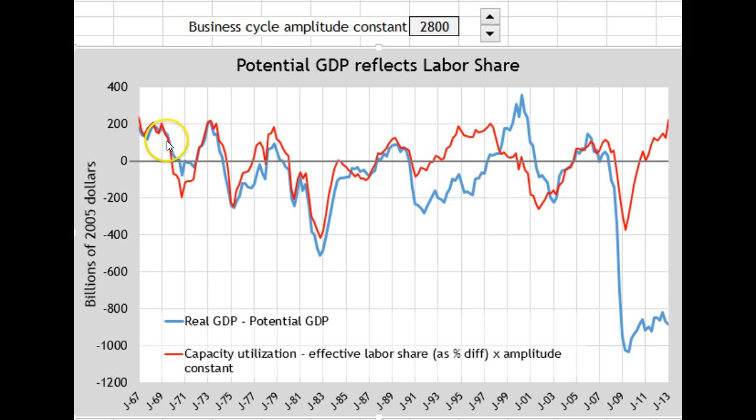And you can see that the relationships are very close. And that's the way they're supposed to run. So potential real GDP reflects labor share, or labor share reflects potential GDP, because when they both sit at the zero line, real GDP and capacity utilization move around them in a consistent pattern.